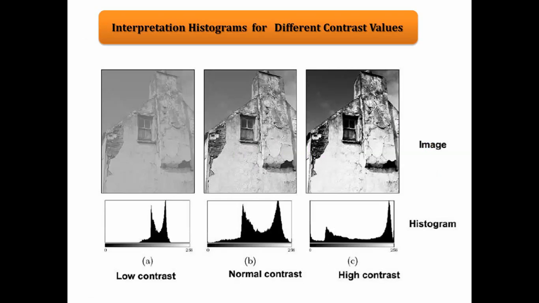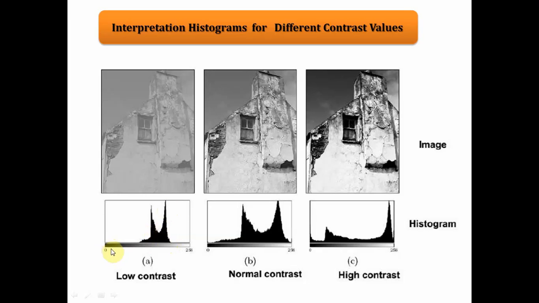Now there are some interpretations about the histogram, how we can actually read it. If you look at the first picture, it is not a clear image, because the picture has been illuminated poorly, or you can say it has a very limited histogram range.